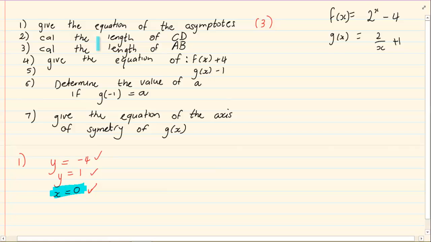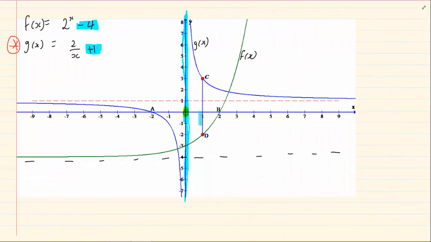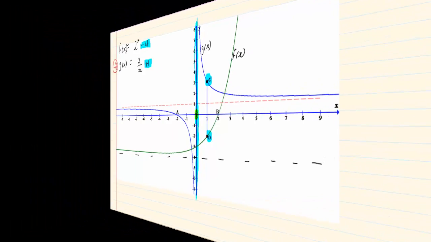Then they say calculate the length of CD. Now let us look where C and where D is. Calculate the length of CD. Now we know if we are working with lengths that are this way, we need the y values. What do we have? We have the x value. Once we have the x value, how do we get the y value?